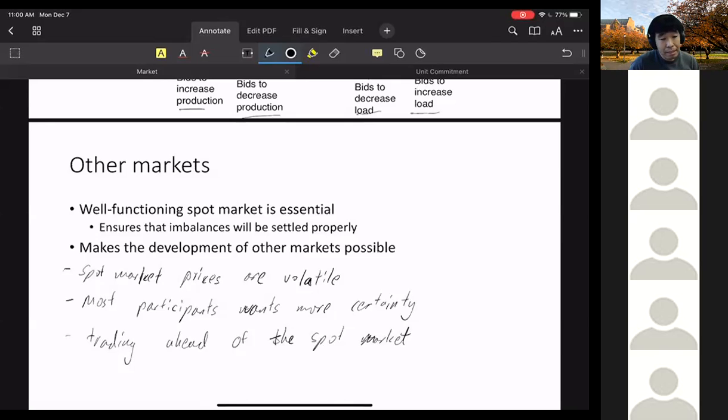So to be more certain, trading is allowed between different participants. They can trade ahead of the spot market. And if they agree on some trade, the spot market just acts on top of this trade.